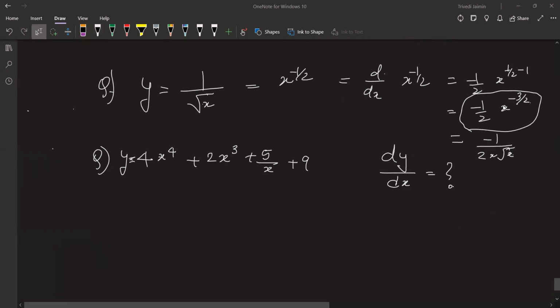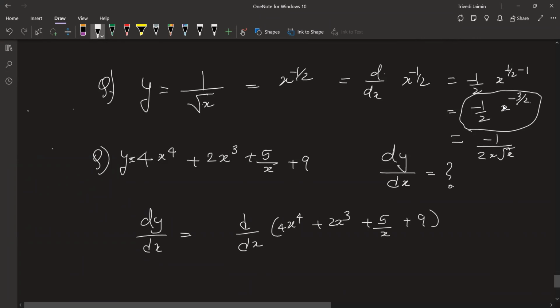Now, can someone try this question? dy by dx, which is d by dx of 4x to the power 4 plus 2x cube plus 5 by x plus 9.